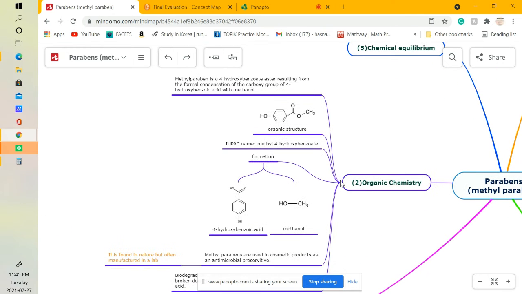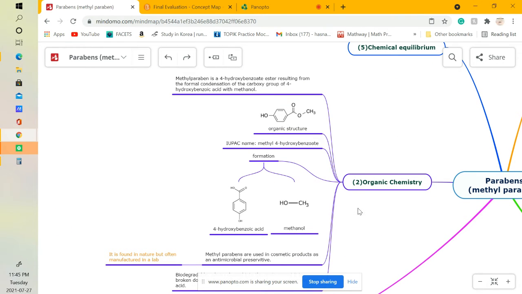We have the formation of methylparaben. It's formed from 4-hydroxybenzoic acid plus methanol. And with these two, it's going to make methyl 4-hydroxybenzoate.